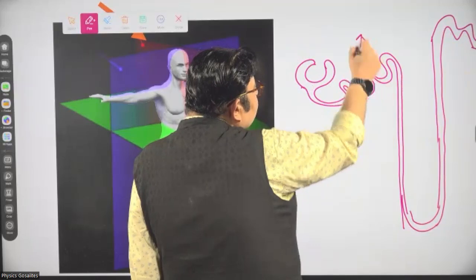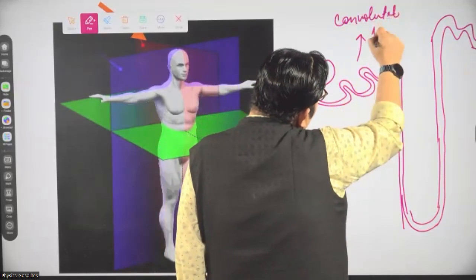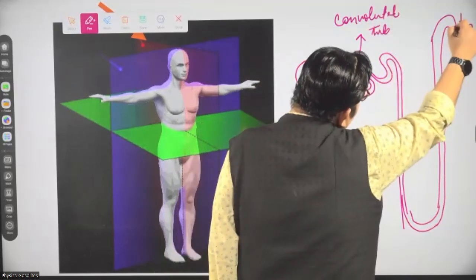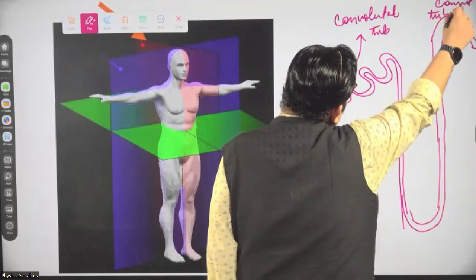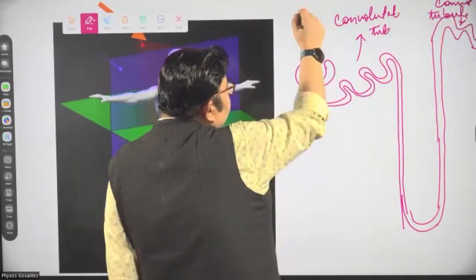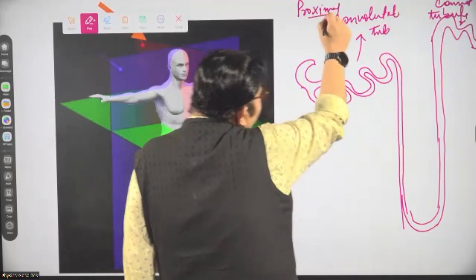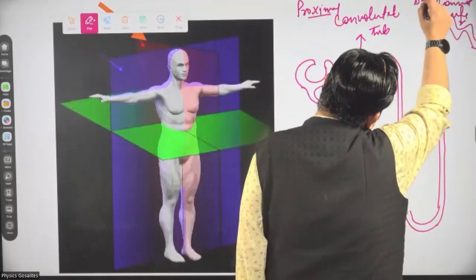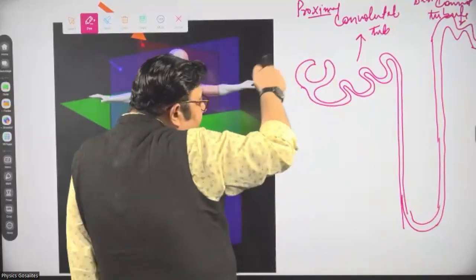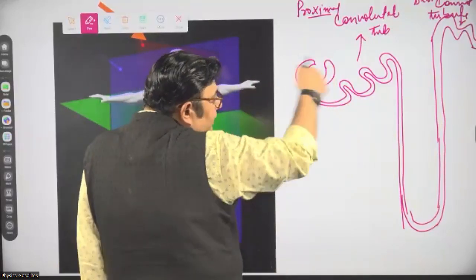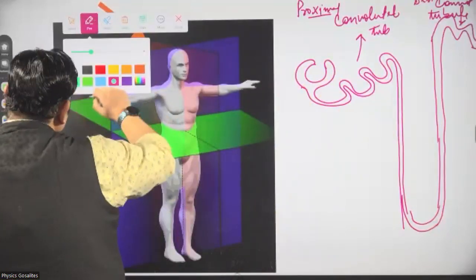So this is a convoluted tubule, and this side is also a convoluted tubule. To differentiate them, we call this the proximal and that one the distal convoluted tubule. Proximal means closer to the point of reference.